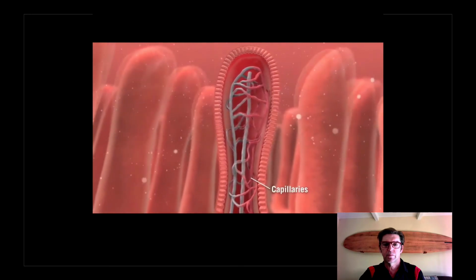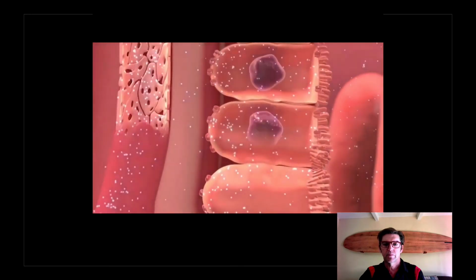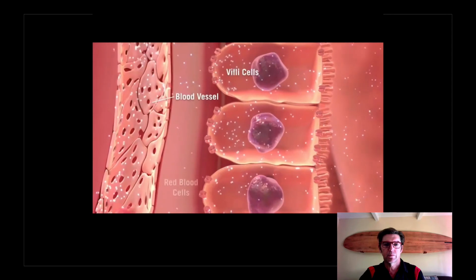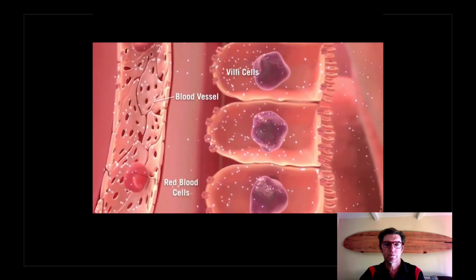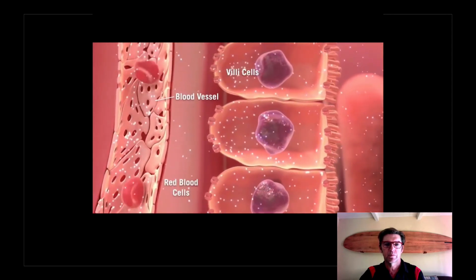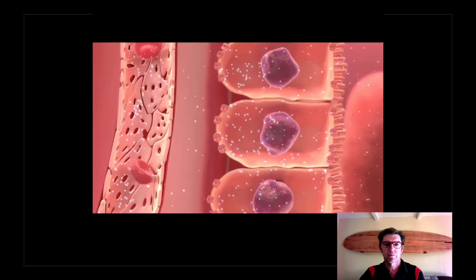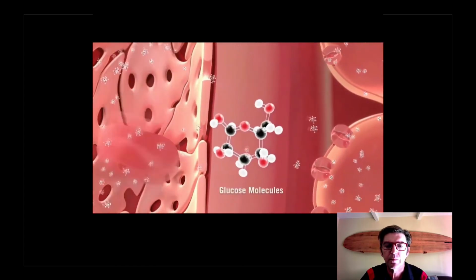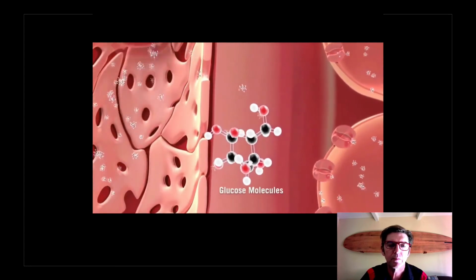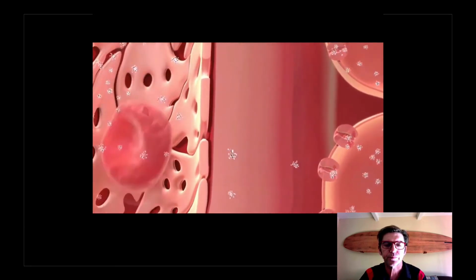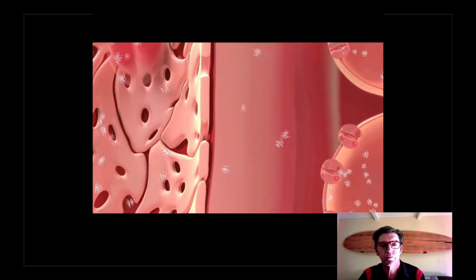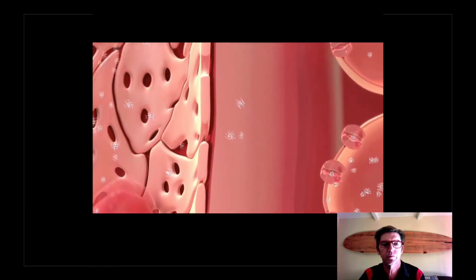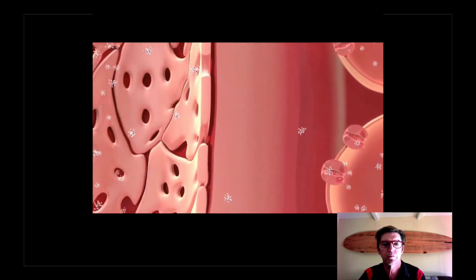Looking even closer, we can see the cells that make up the villi walls. Molecules from the food we eat can pass through the villi cells into the bloodstream. Watch how these glucose molecules are moving into the bloodstream. This is also what happens with molecules of amino acids. The bloodstream carries glucose and amino acids to every cell in the body.